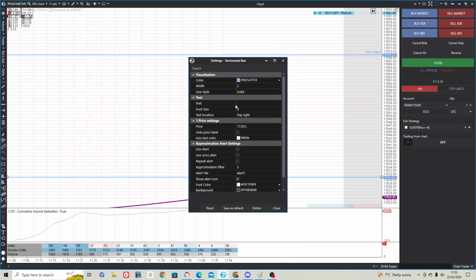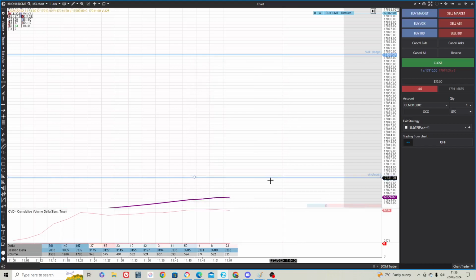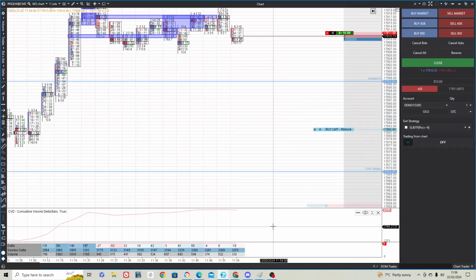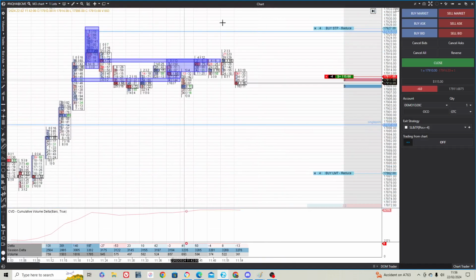This lower single print is right on VWAP, so I'll potentially leave a runner down there, that is if we don't get a second blow off top, which I don't think we will.